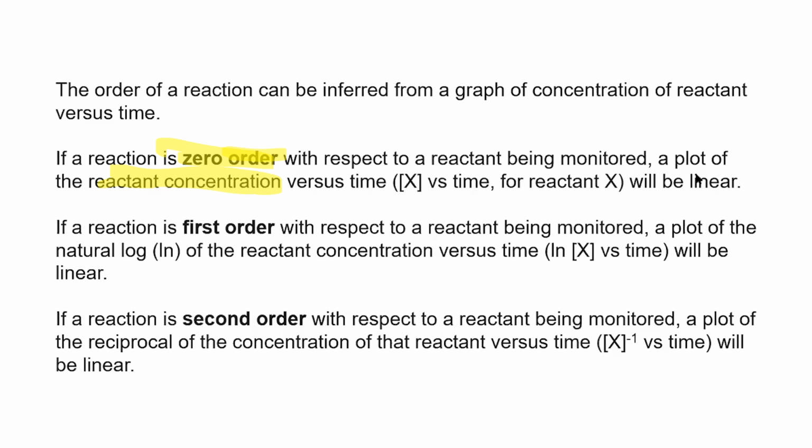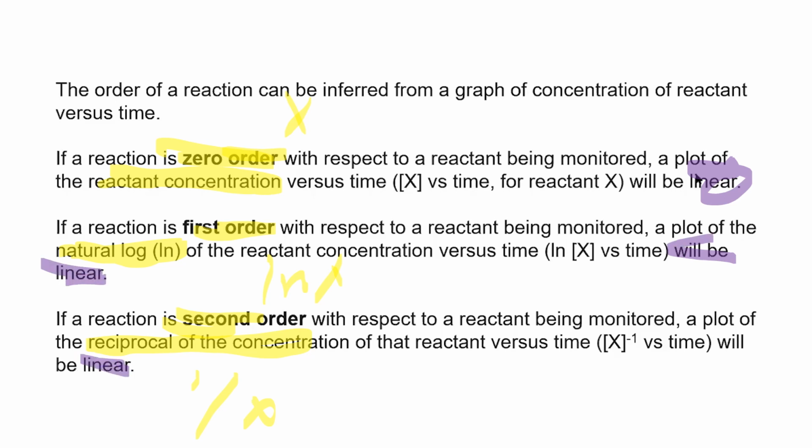If it's first order, the natural log of the concentration will be plotted and it will be linear. If it's second order, it's going to be the reciprocal of the concentration, so 1 over the concentration. Those are the ones that are going to be linear.